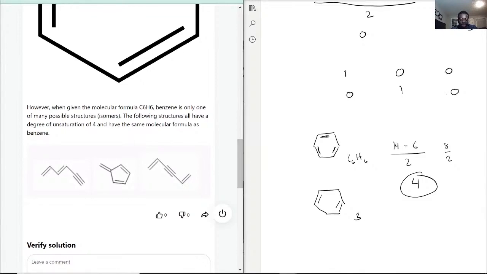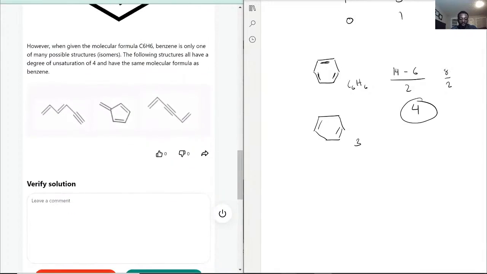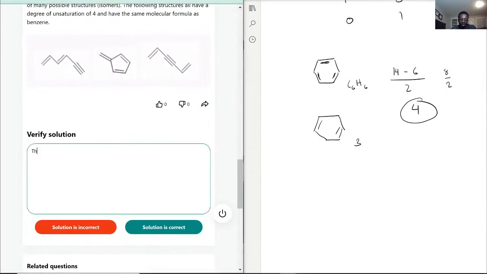As you can see here in this 3rd example, it has 2 double bonds and 1 triple bond, and triple bonds count as 2 degrees of unsaturation, so you can still get that 4 degrees of unsaturation. So exactly, all of these are just different examples of a 4-degree saturation of a molecule, or a hydrocarbon in this case. So this is correct.